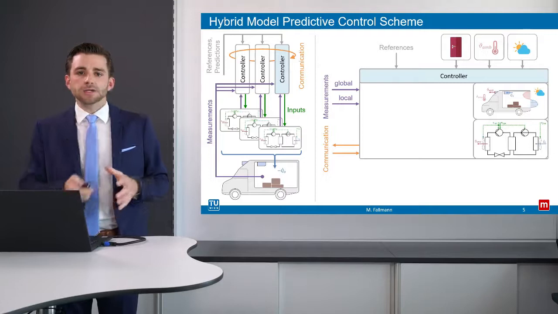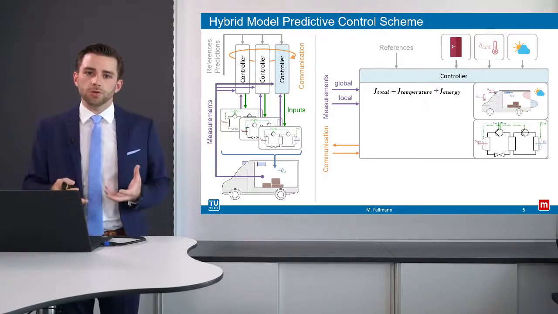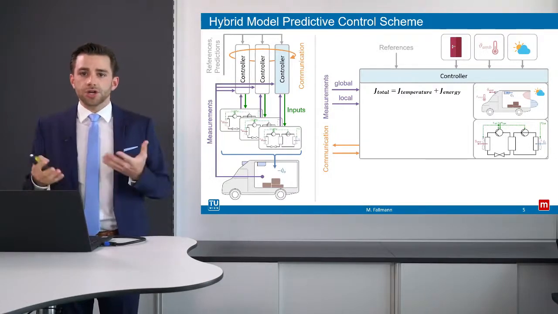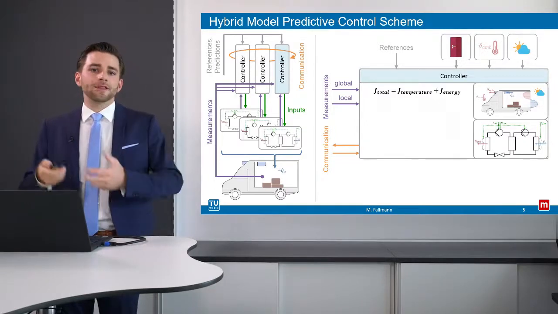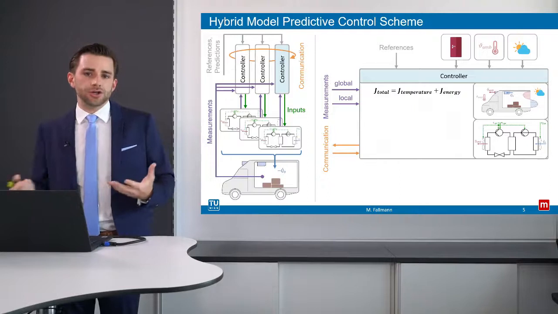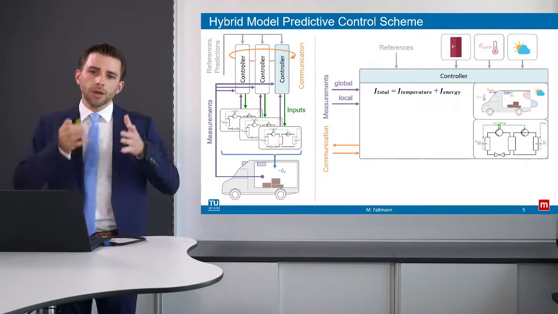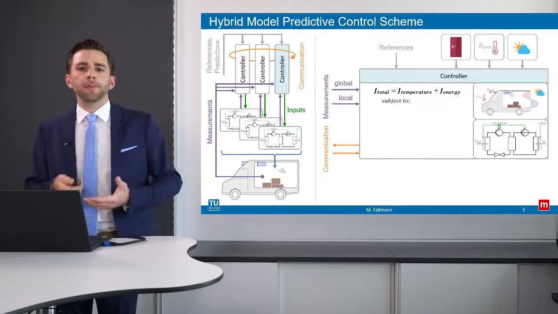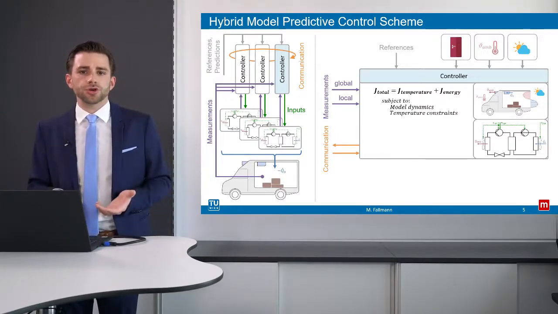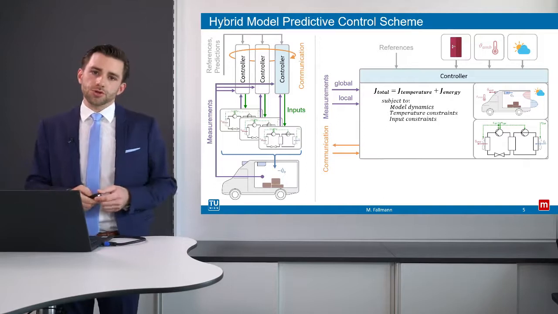The controller takes a model of the insulated cooling chamber and knowledge about how the cooling unit actually works to minimize an objective function J total. We divide it into J temperature that keeps track of given temperature restrictions and J energy that penalizes the energy consumption. Minimizing J total, subject to model dynamics, temperature and input constraints, yields the optimal solution.